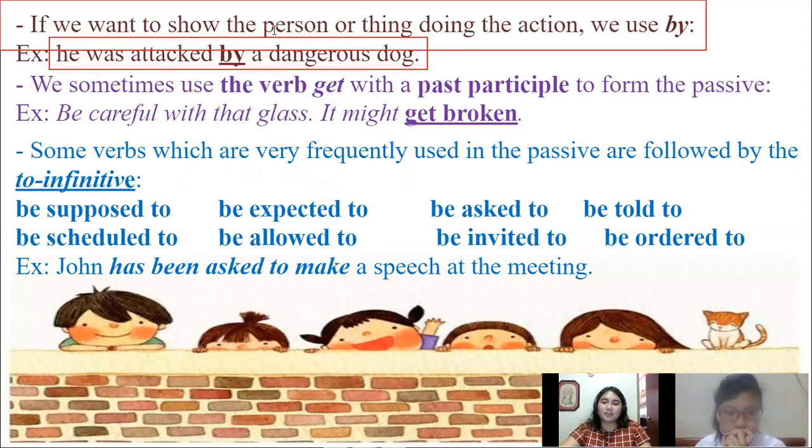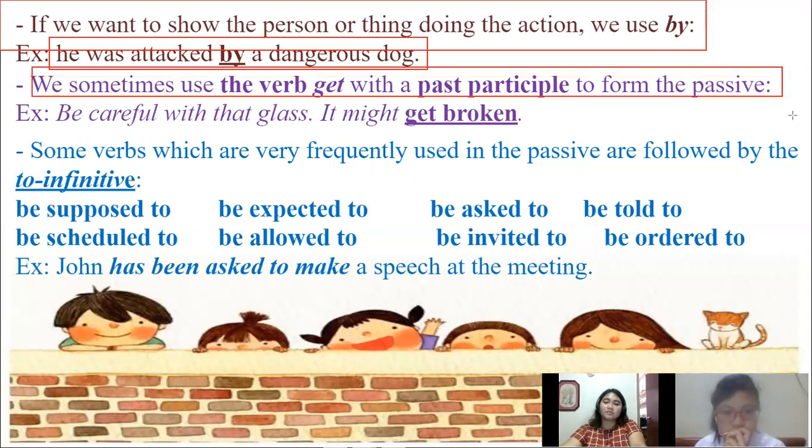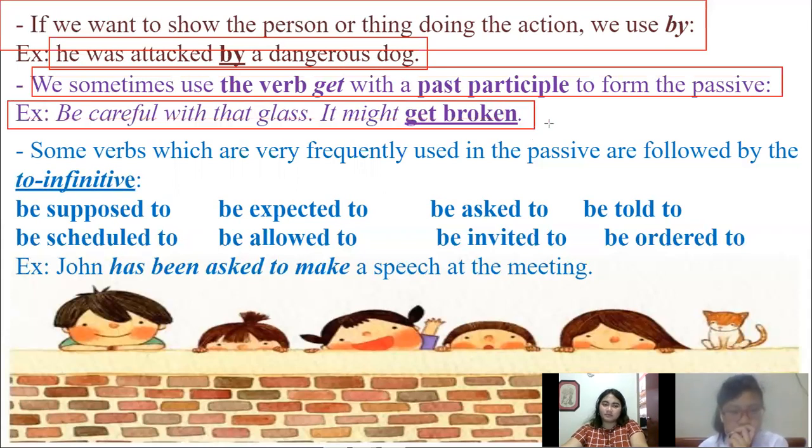All right. So, for the next one, please read this. We sometimes use the verb get with a past participle to form the passive. For example, be careful with that glass.